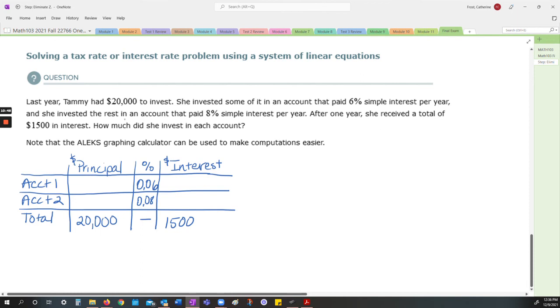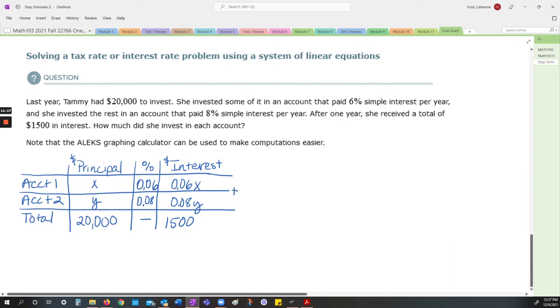Okay, so how much did she invest in each account? Well, let that be our X and our Y. We actually can get one equation already from this very first column, but I'll go ahead and fill in the whole table. So X times 0.06 would be an expression for the interest, and then Y times 0.08, so 0.08Y, is the interest for the second account.